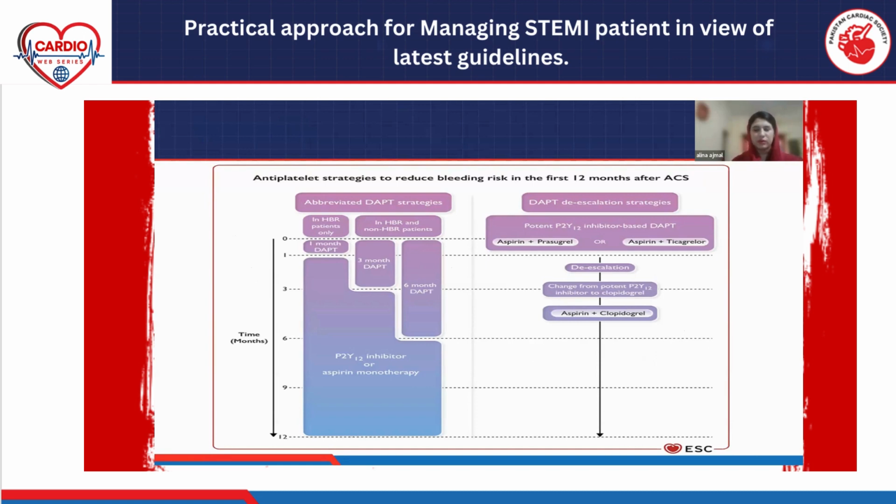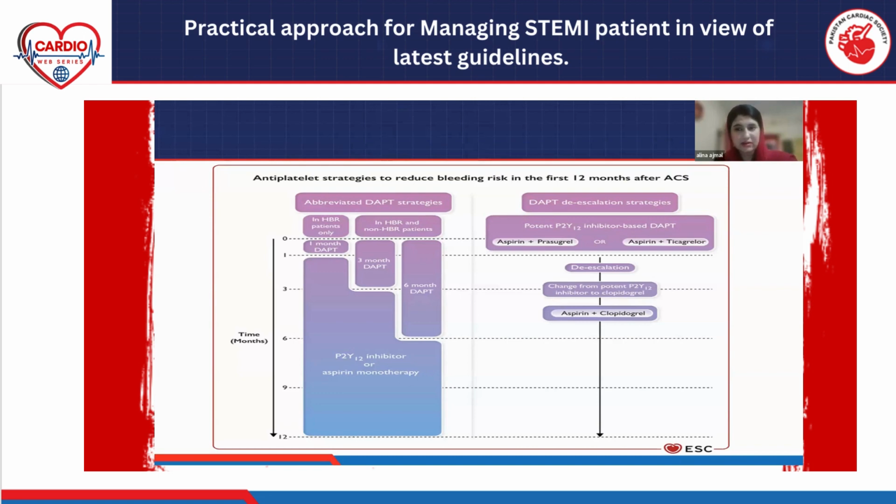The new ESC guidelines suggest that if the patient is at high bleeding risk, you can shorten the DAPT duration to 3 to 6 months, not giving it for the full 12 months.